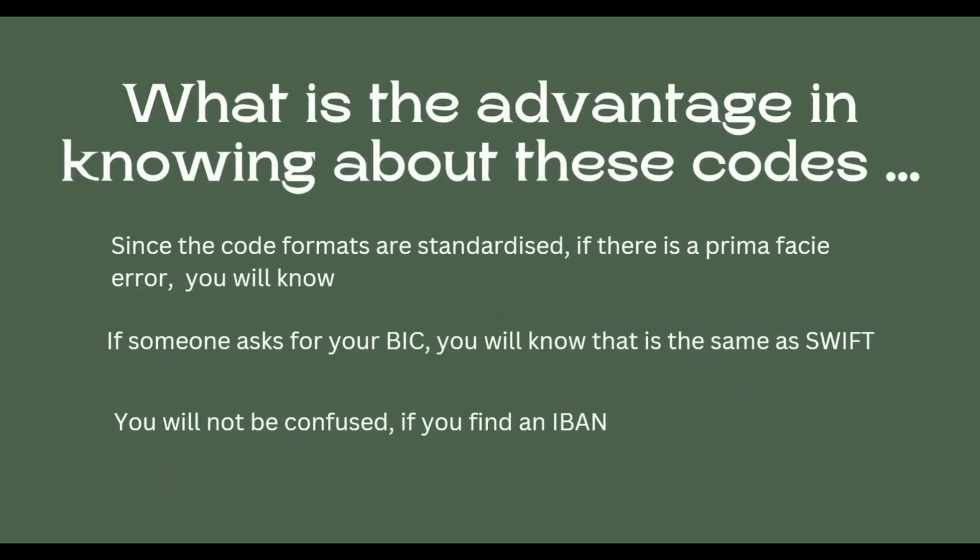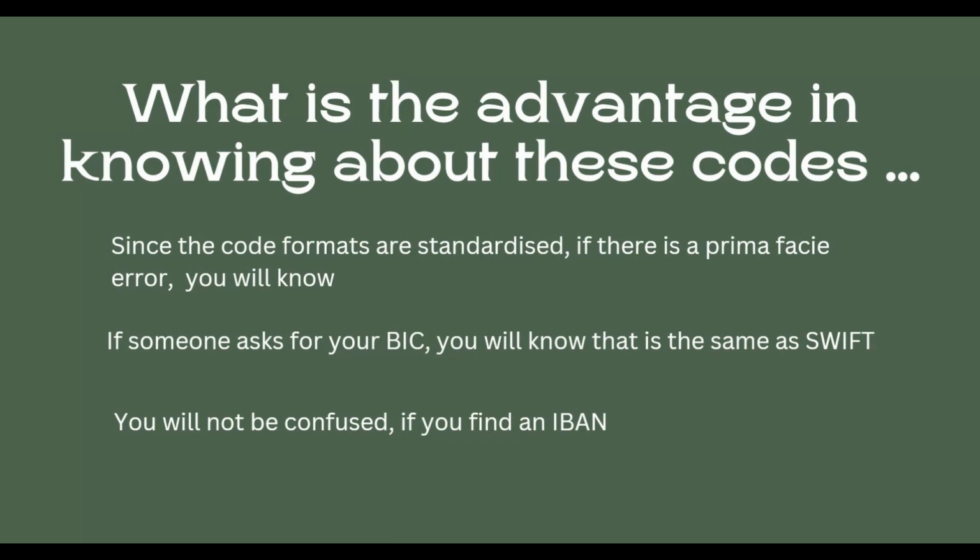What is the advantage in knowing these codes? If you get a 9-digit phone number for a mobile in India, you will say there is a problem because the format is 10 digits. Like that, if you see an IFS code with anything other than 11 characters, you can say there is a problem, and you know the format.